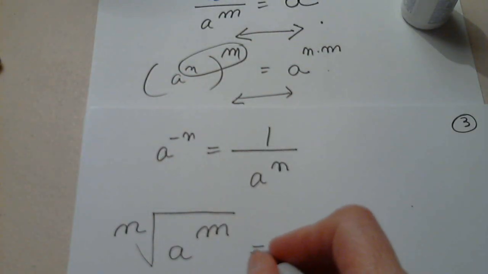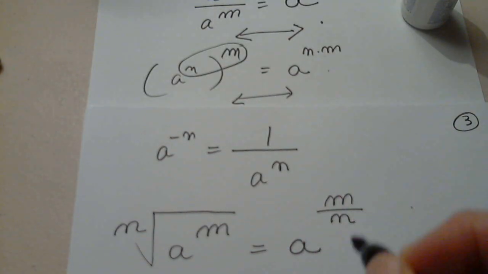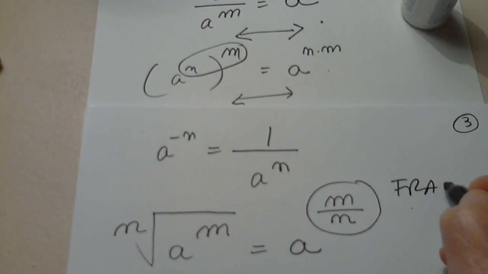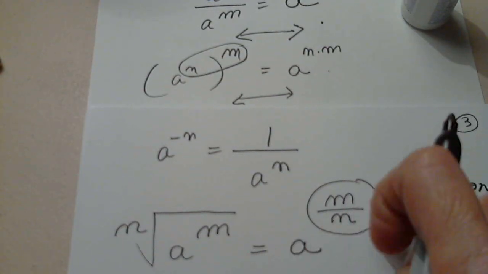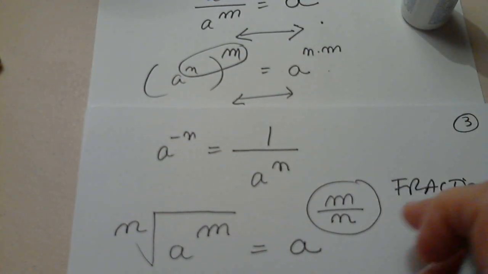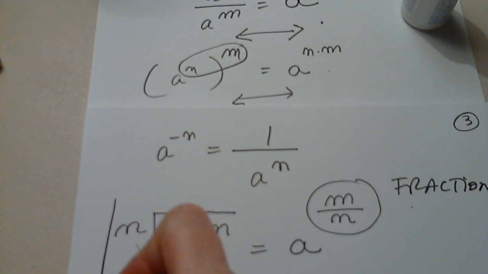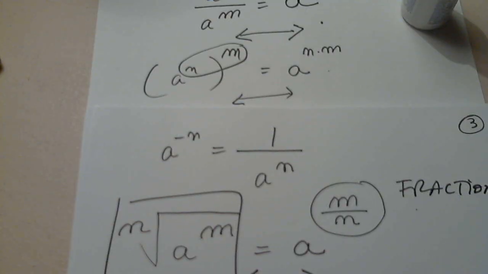Yes, radicals are powers. Fractional powers. A base raised to a fractional exponent, or an exponent that is a fraction, is a radical. So this again goes back and forth.